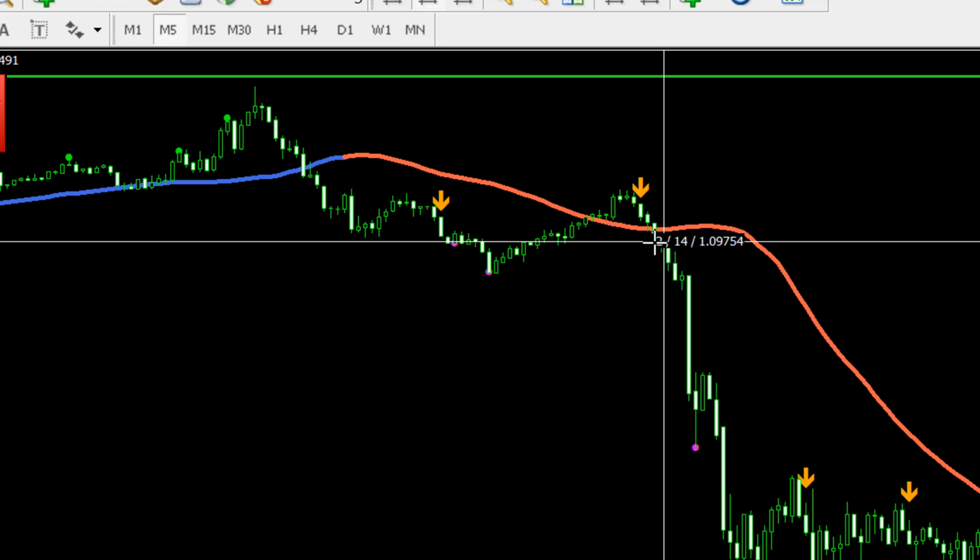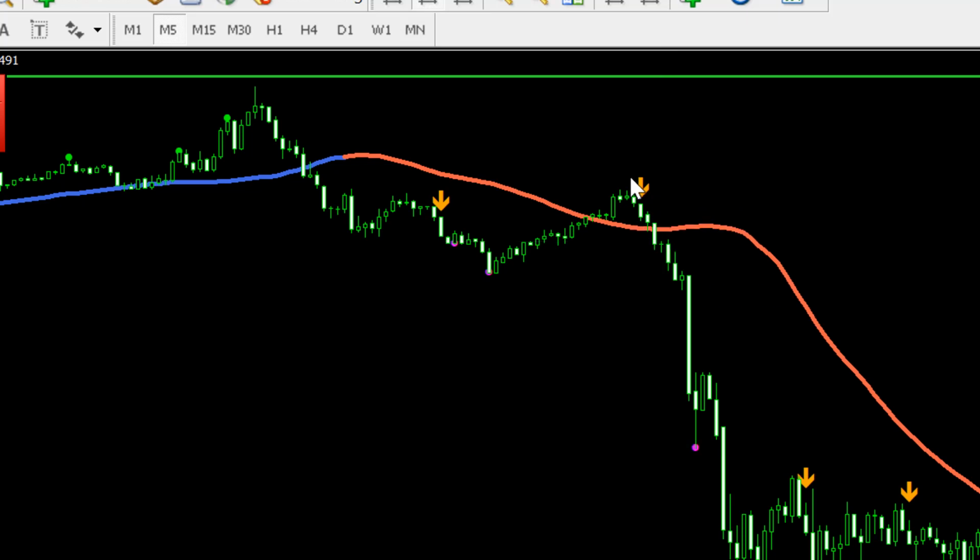So this is a valid signal. I really consider this signal as a valid signal. You just have to wait patiently because sometimes the market price will cross above the trend line. The question is, when can we consider a signal as valid when it crosses the red trend line?